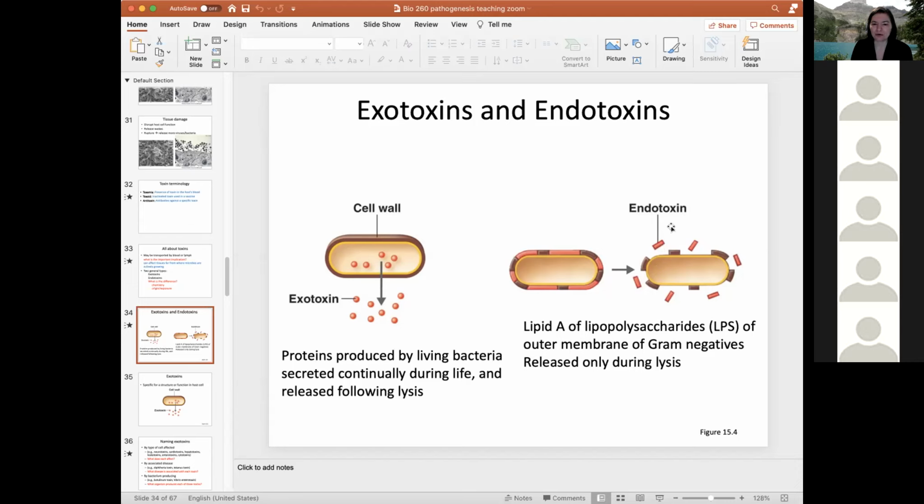The other thing that's true about endotoxin is because it's a component of the cell wall, you don't get exposed to it unless a cell is falling apart and little pieces are falling off. So when the cell starts to die, which is going to happen, right? Cells only live so long.